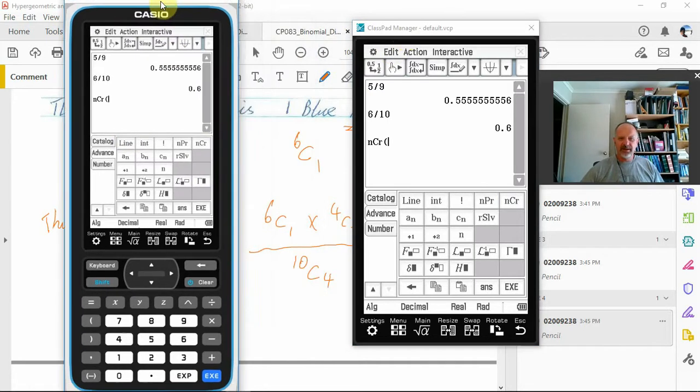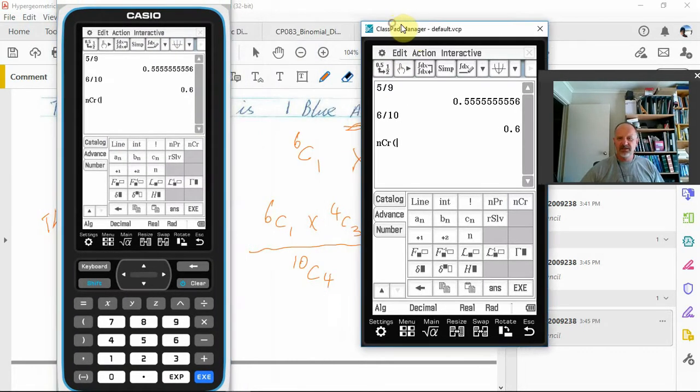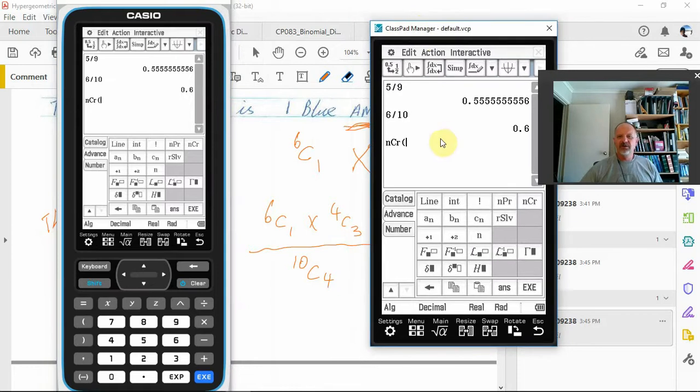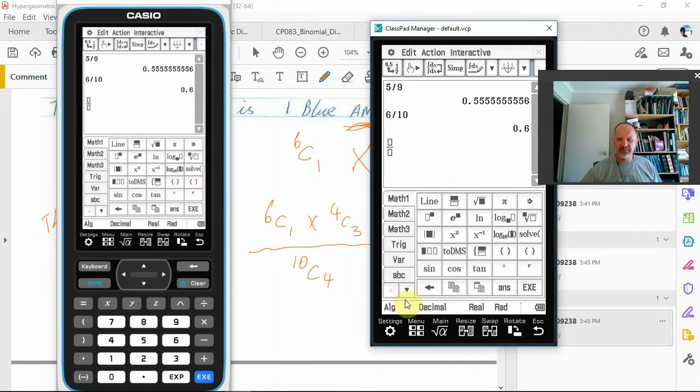I need this fraction, so I go back and get my fraction template.